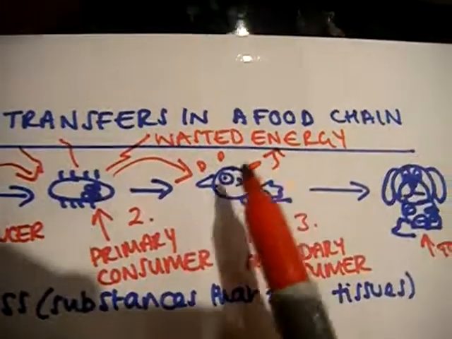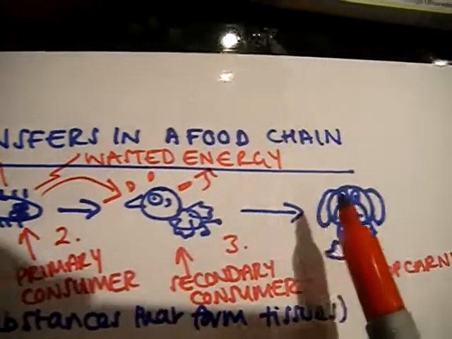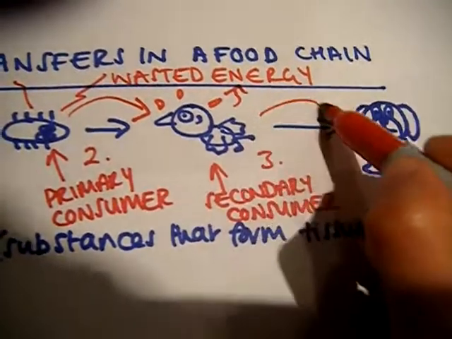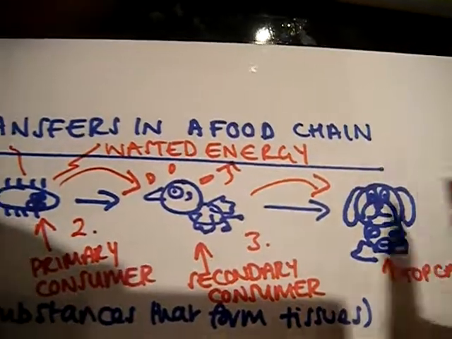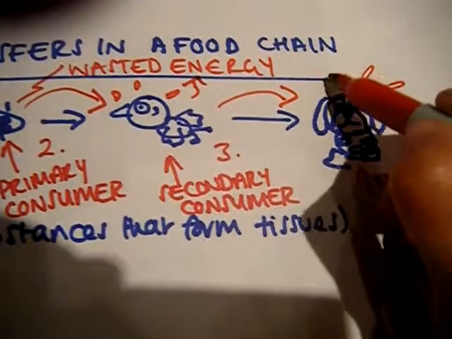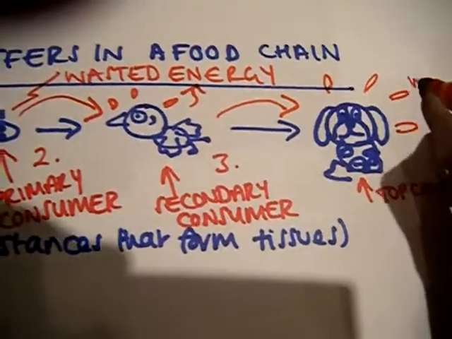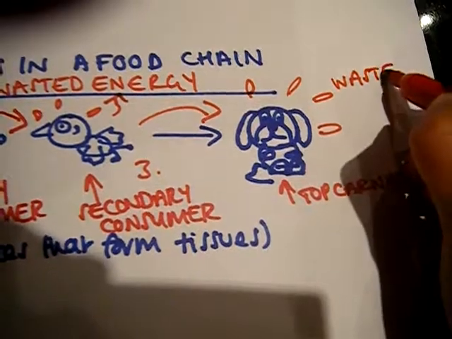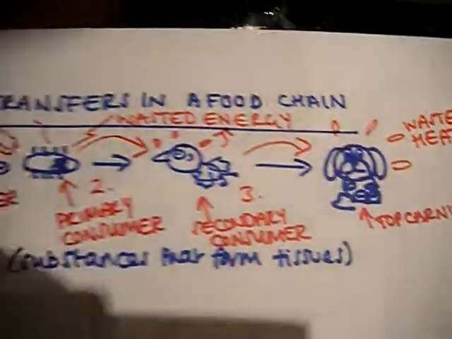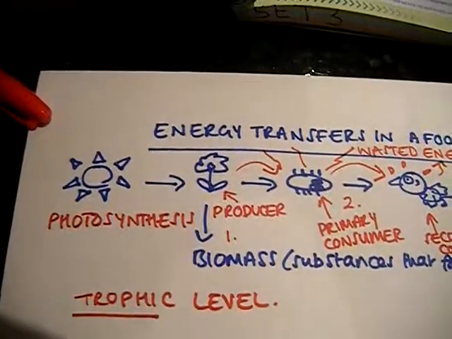Then finally the bird gets eaten by the thing that should be a cat, but I can't draw. Most of the energy gets transferred, but loads gets wasted as heat. So there's our food chain.